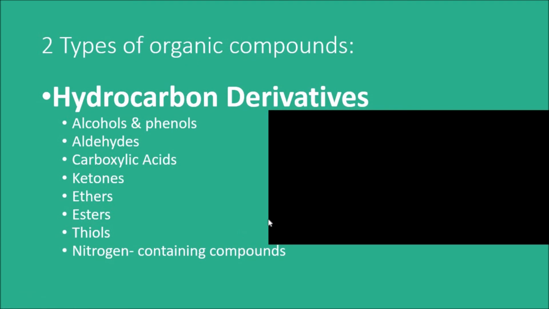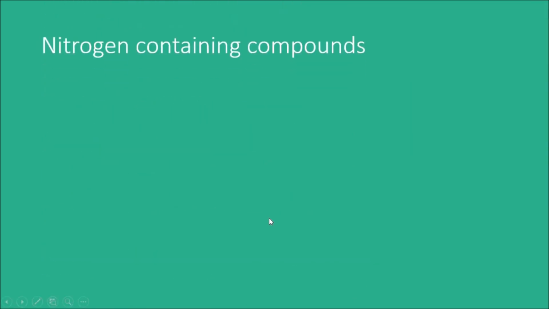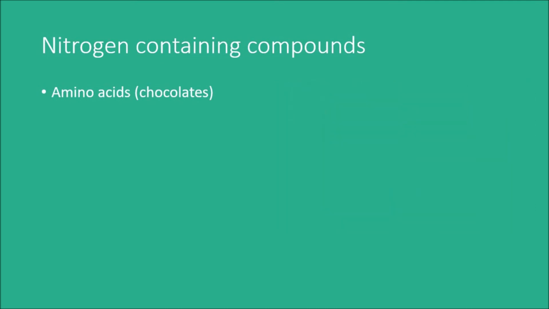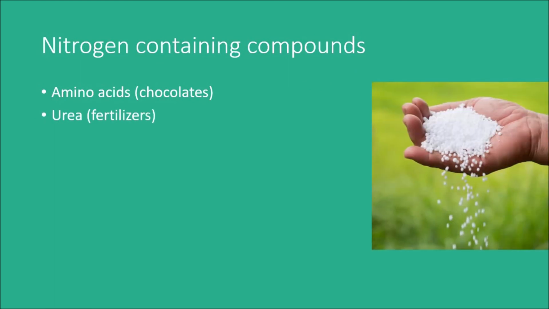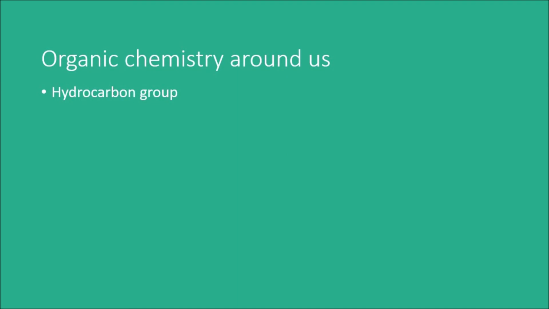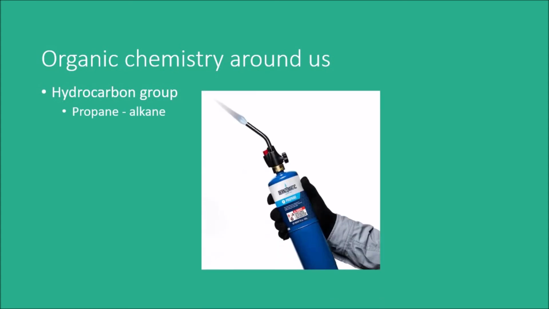To cite some examples of these compounds, nitrogen containing compounds, we have amino acids present in chocolates. We also have urea, which is present in fertilizers. Other examples of organic chemistry all around us from the hydrocarbon group are propane from alkane.